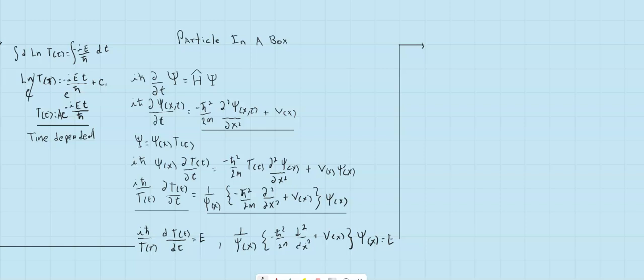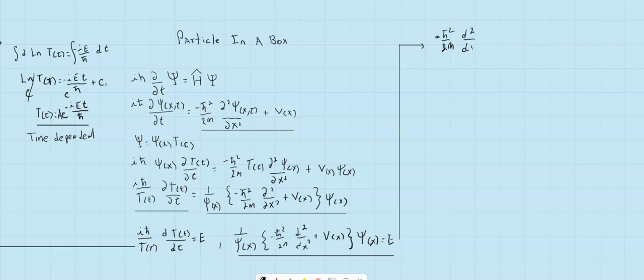Now what I'm going to do is solve this equation right here, and I know all I need to do is just bring this one over to the right side, and I'll get that this is equal to negative h bar squared over 2m d squared over dx squared.